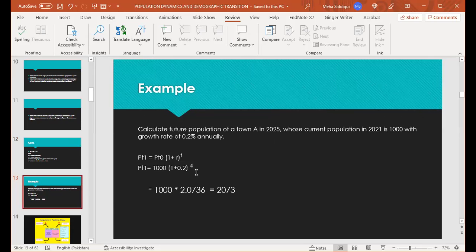So here T would be 4, and growth rate is 0.2%, taken here as 0.2 plus 1, and PT naught is the current population. So putting all the values in the equation, we would get 2073. That is, the future population of town A in 2025 would be 2073.